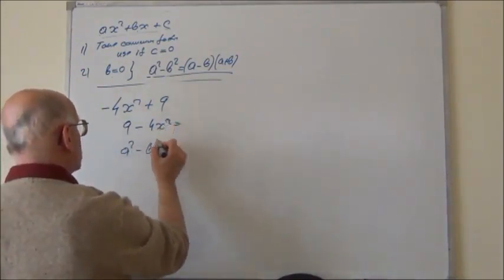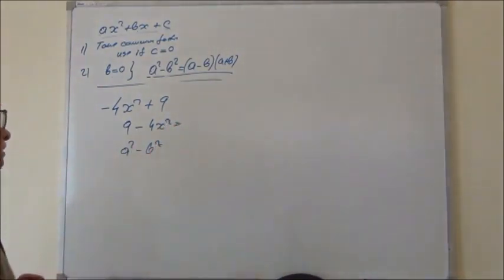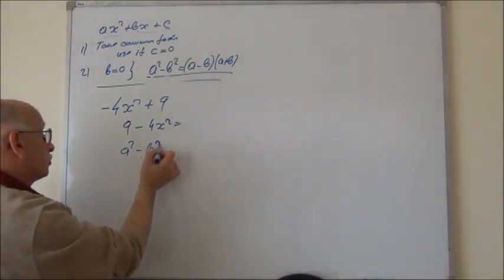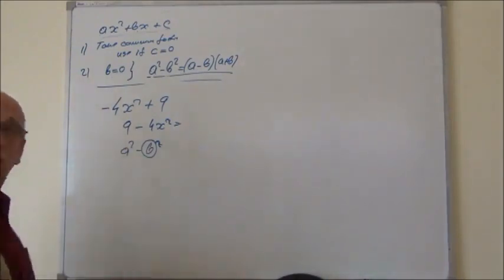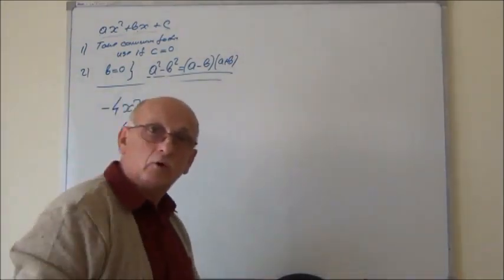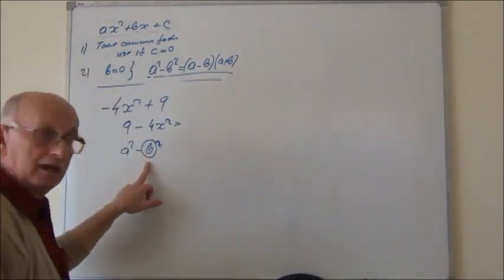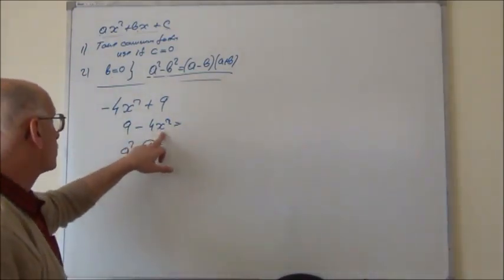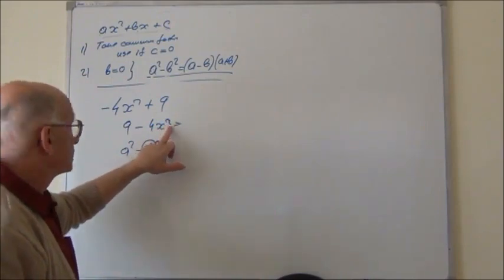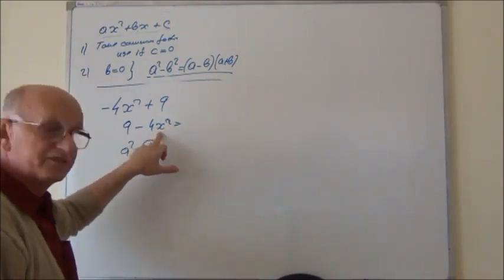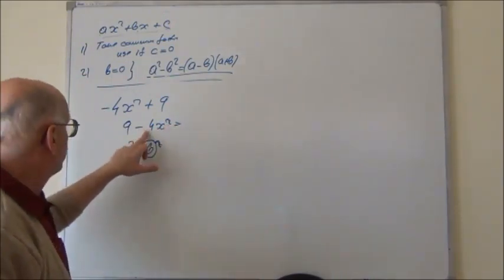We have power 2 here, we have power 2 here. But in our formula, power 2 and everything that is under that power is actually b. So here 4 is not under power 2. In this example, power 2 is just for x, not for 4.